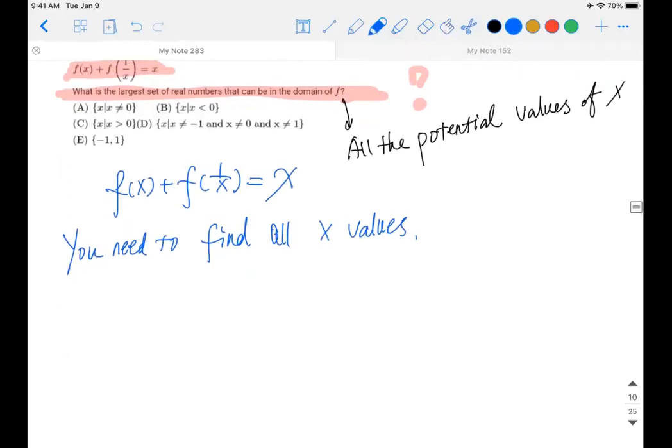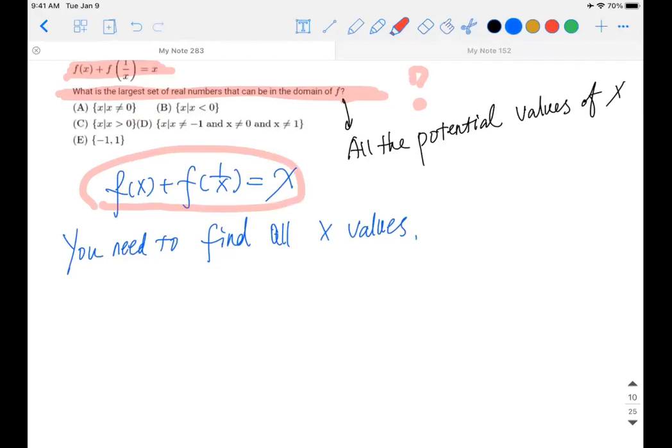Okay. So before we jump to the solution for this problem, let me ask you guys a quick observation. When you read such an expression, f(x) plus f(1 over x) equals x, it gives you a kind of feeling. It looks like x and 1 over x are kind of symmetric.